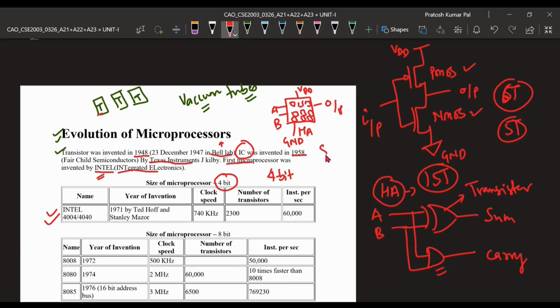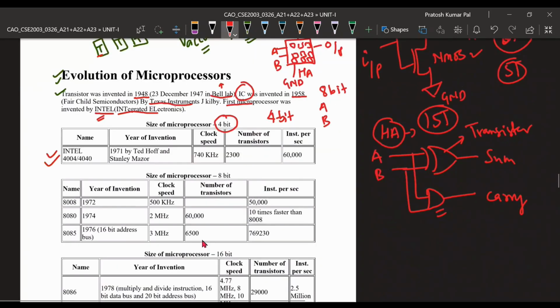But suppose we need to add 8-bit data, like A is also 8-bit and B is also 8-bit. A 4-bit microprocessor cannot add this 8-bit data directly, or if it is configured, it can add 8-bit data, but it will be adding 4 bits at a time, then another 4 bits at a time. So if a microprocessor is of 4 bit, it can process only 4-bit data at a time.